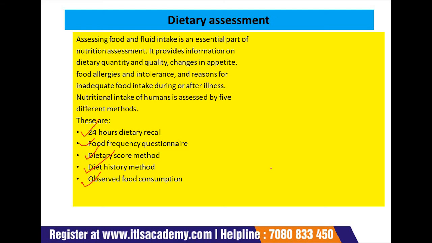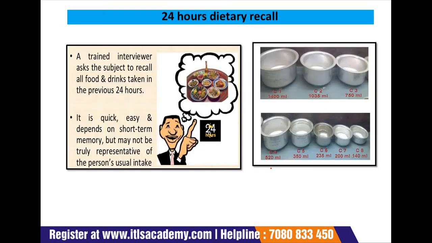So, first we will discuss the 24-hour dietary recall. This method was designed to quantify the average dietary intake for a group of people, although it can be used to assess individual nutritional intake. During a recall, a client is asked to remember in detail every food and drink consumed during the previous 24 hours.